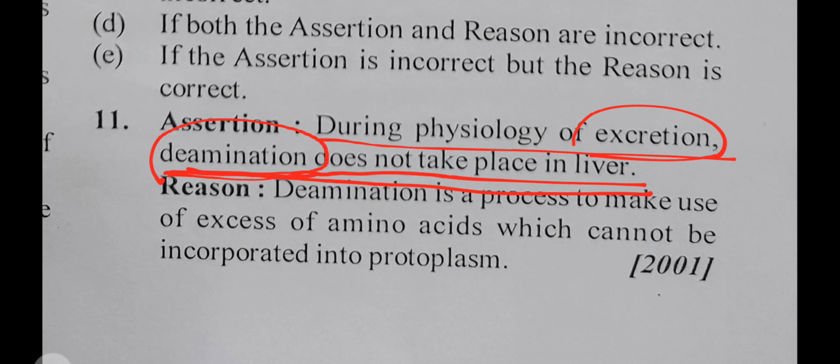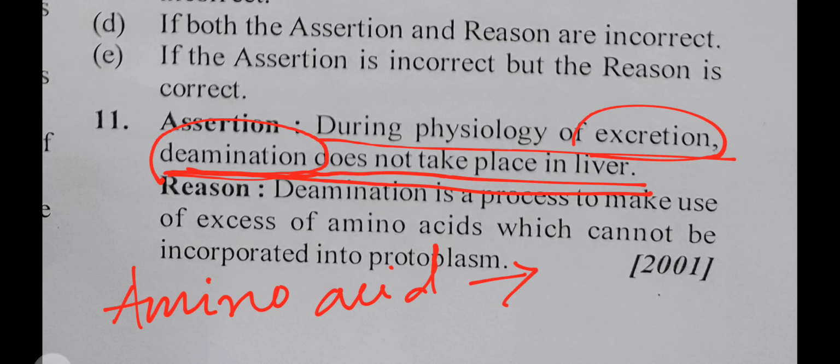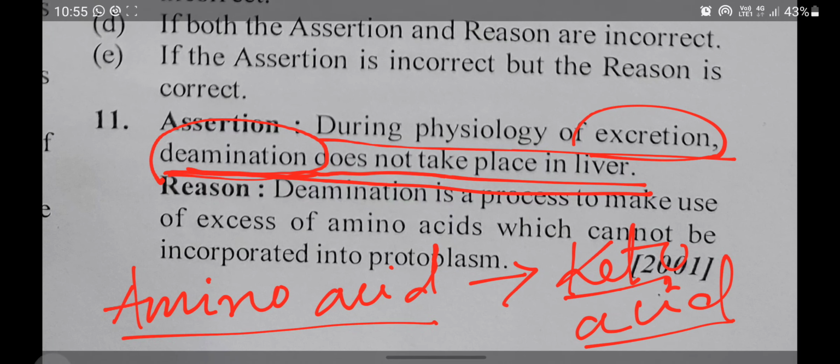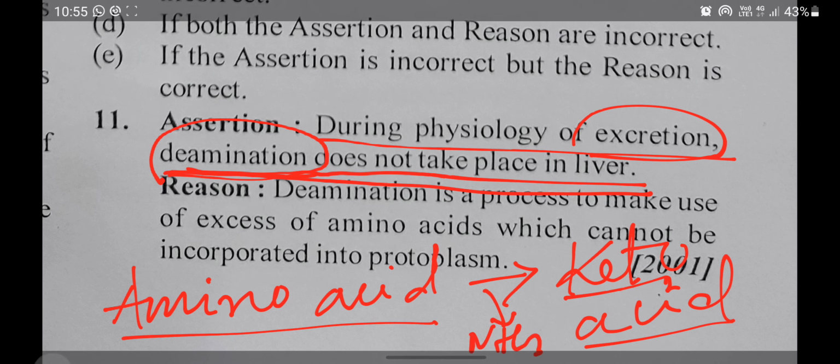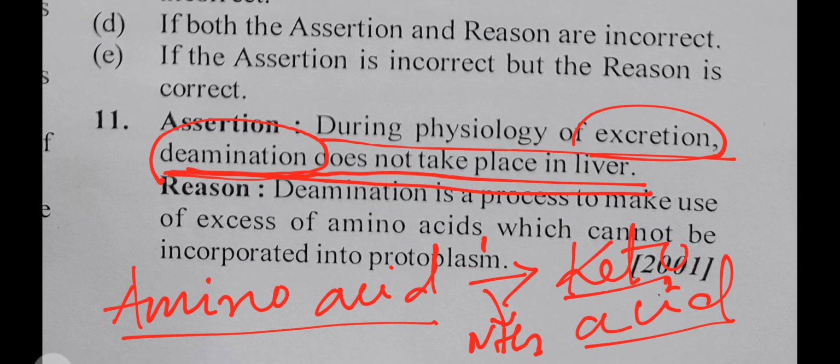Deamination is a process of converting amino acid into keto acid, with the release of NH3, and this process takes place in the liver.